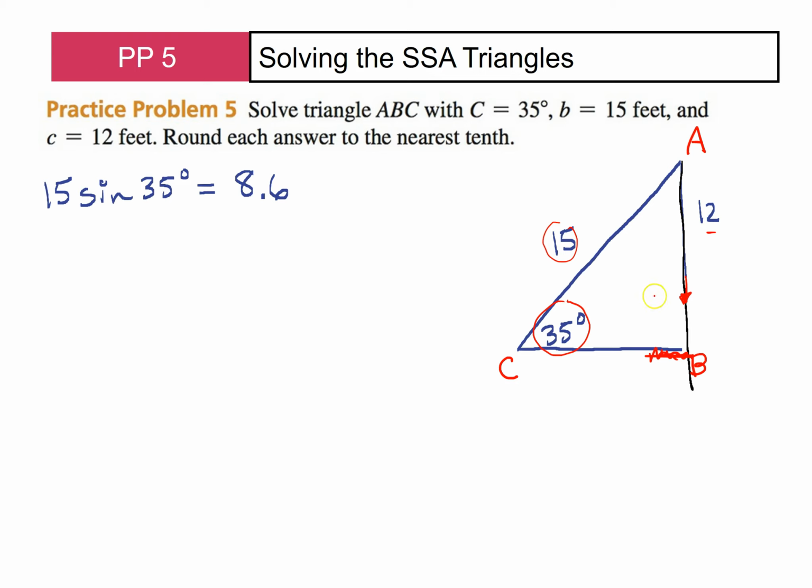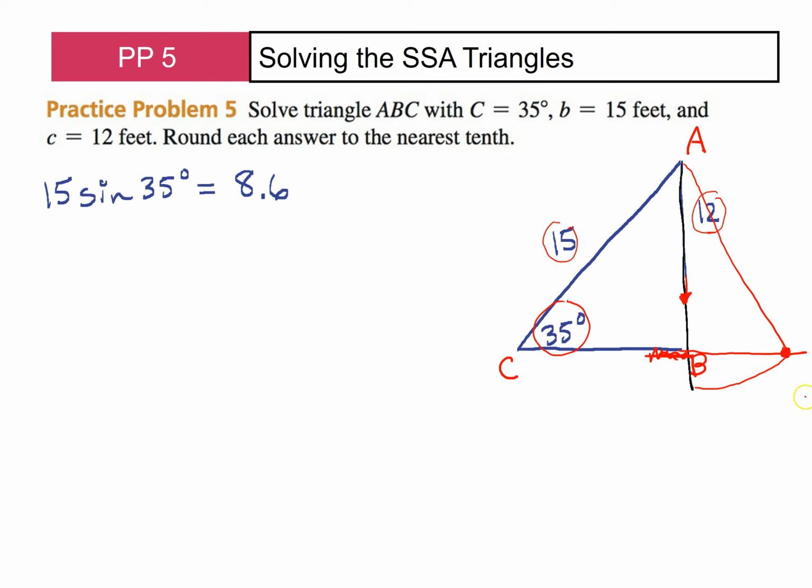So this time, here's what happens. We have more than enough, but notice that C is still less than B. So really, this gives two different triangles. If this were stretched out further, it would hit here and make this little triangle. Let me label it the way it's labeled in the textbook.